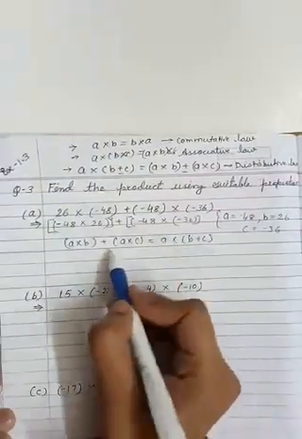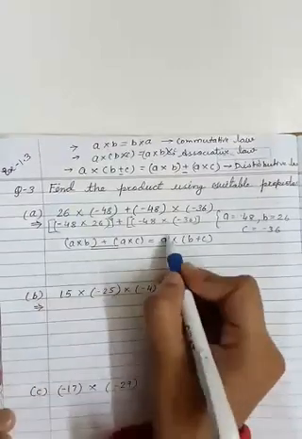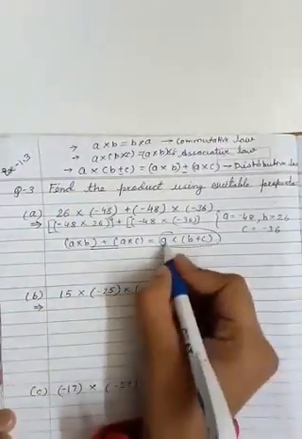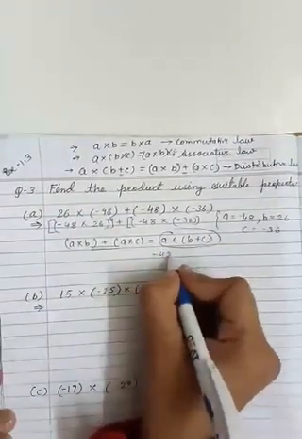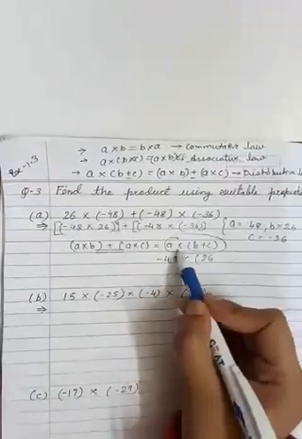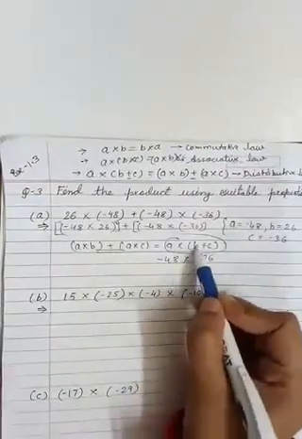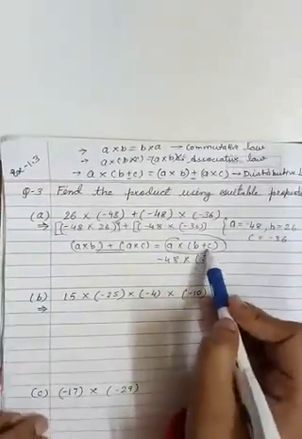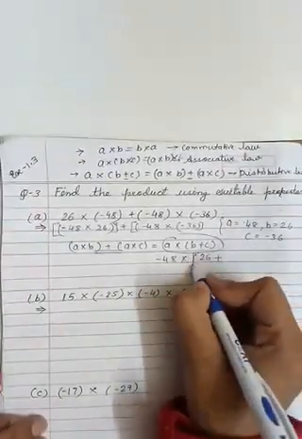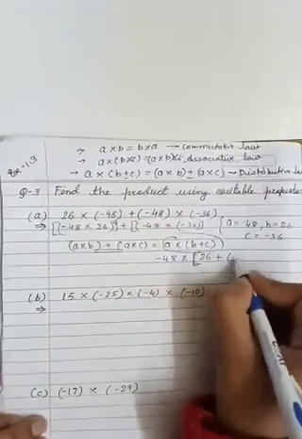This part is given, we are writing this part now, that is A into (B plus C). So A is minus 48 multiplied by B, which is 26, plus C, which is minus 36. So we have to put brackets here also.